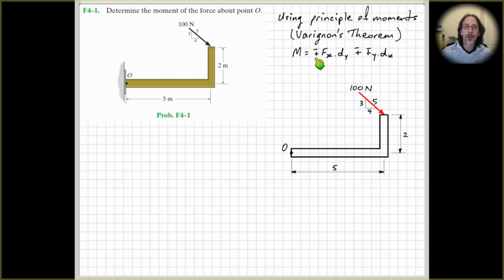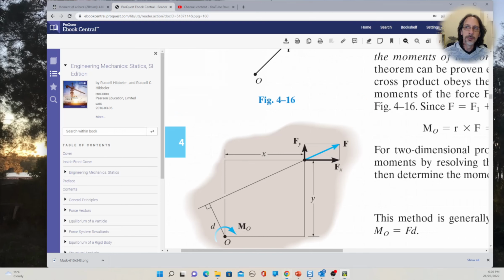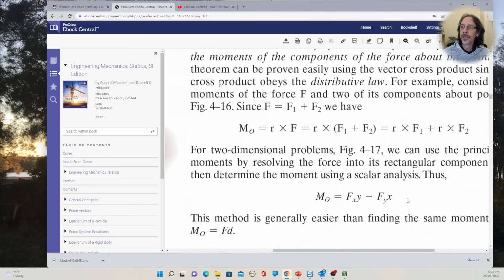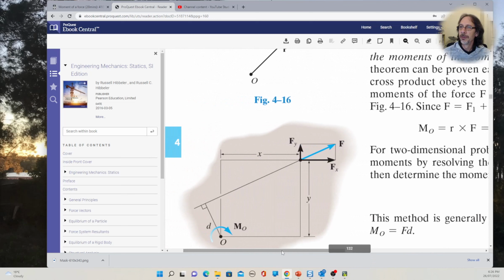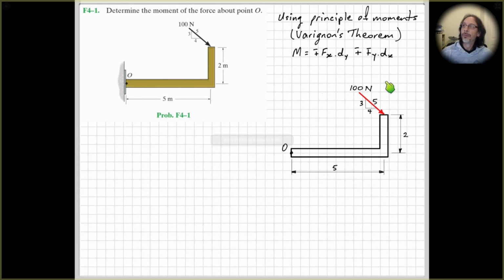And in the front, I put plus or minus, because it depends on where the force is and which way it's going. Right? So it's not always going to be plus, or it's not always going to be negative. So just be a little bit careful with just using an equation without really knowing how it works. So this in the textbook is only valid for this particular case, whereas mine is more general.